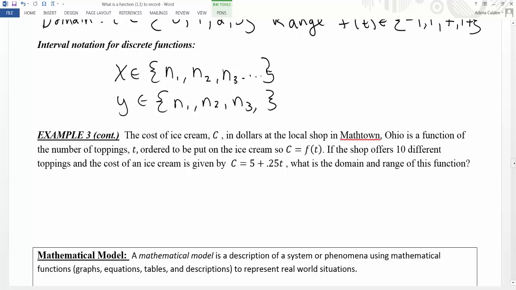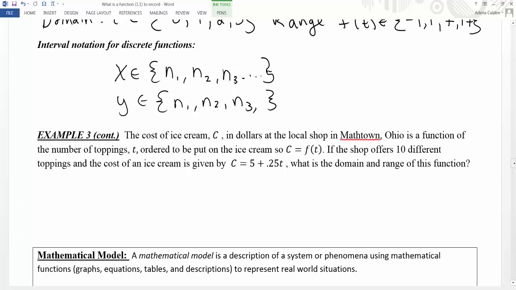But now we have some additional information. If the shop offers 10 different toppings and the cost of an ice cream is given by 5 plus 0.25t, what is the domain and range of this function? So now we have more information than we had before. So now we've given more shape and information to this problem, and we can now start talking about different things.